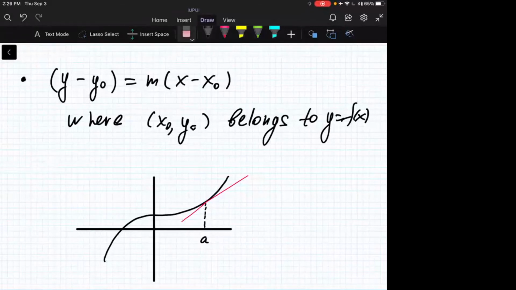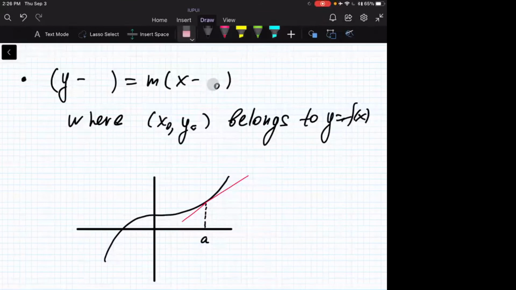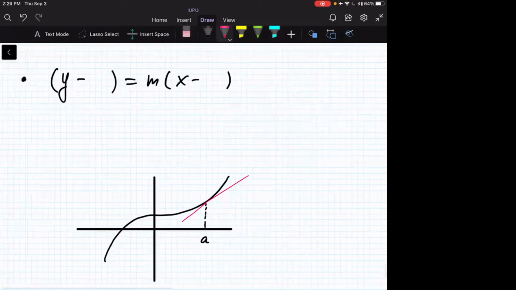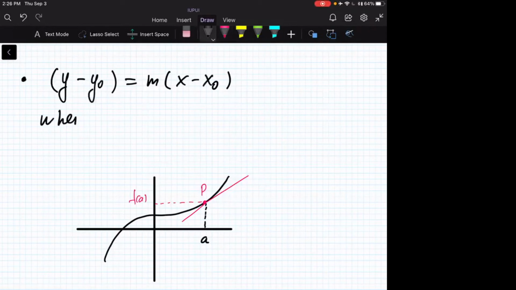Not usually, always, sorry. So you know that this line goes through this point P that has coordinates A and f of A. So this is just the general formula for the straight line, where x0 is A and y0 is f of A.